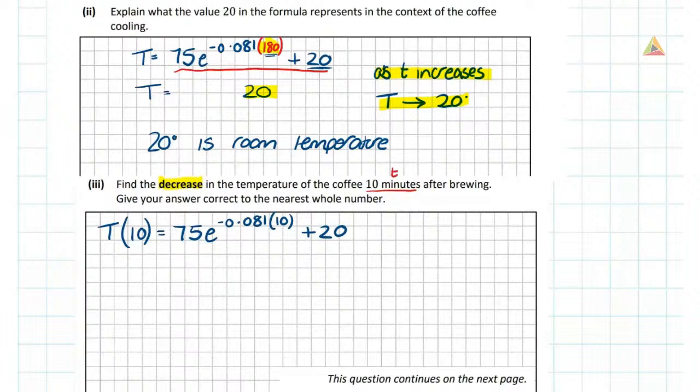Okay, so that can go straight into your calculator, and what you should be getting is approximately 53.364. Now remember, that's the temperature of the coffee after 10 minutes, but we want to know what's the decrease in the temperature of the coffee.